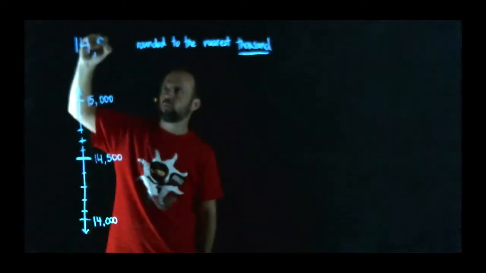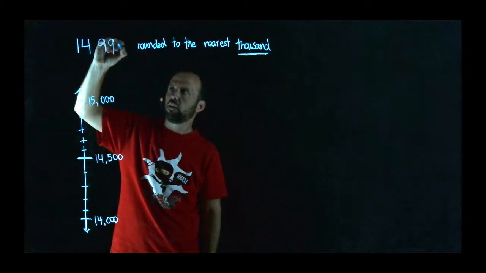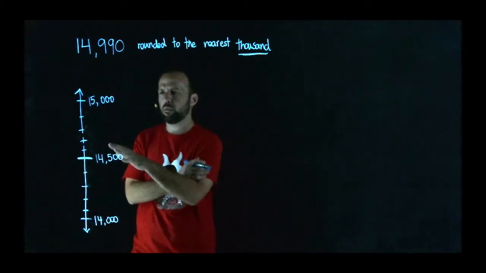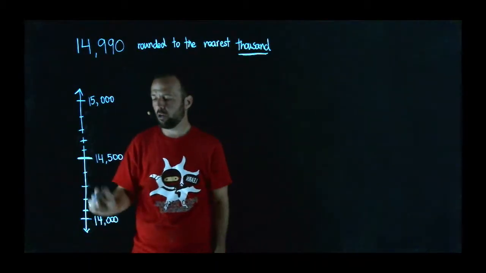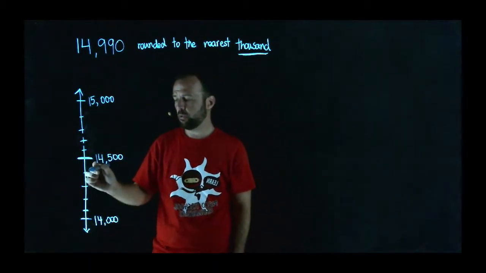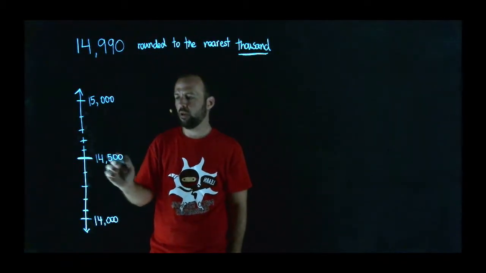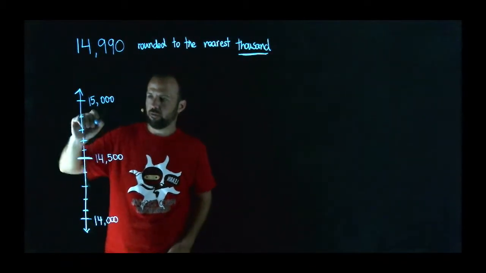All right, let's stick with the numbers that we got going here, since we already got this nice vertical number line drawn. But instead of 14,500, what if I had 14,990? Where would that fall on this number line here? Where could we put that guy? Okay, great. Well, if it helps you to label it and to put your tick marks in between, that's perfectly fine. But I know it's going to be greater than 500, right?